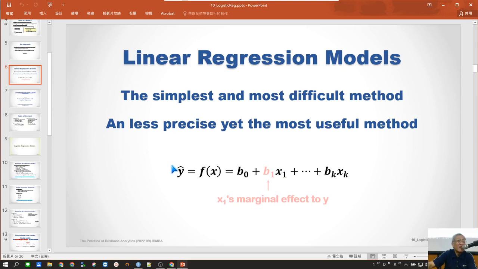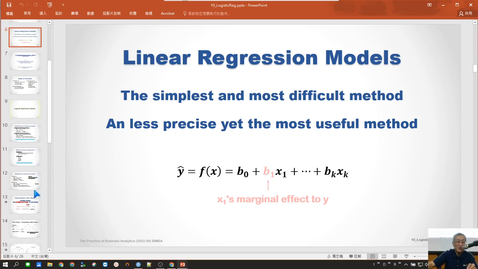Still remember that? Because of this mathematical relationship, right? So if x1 increases by 1, y would increase by b1, right? So it's kind of like a marginal effect, right?